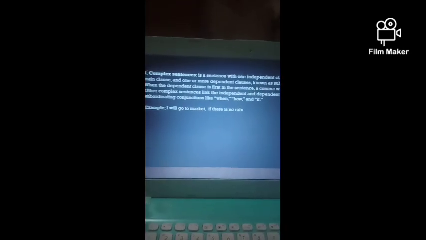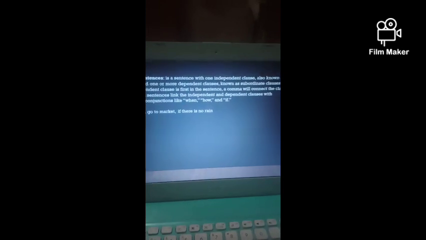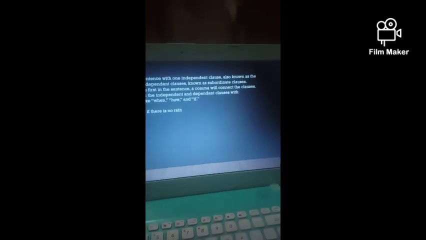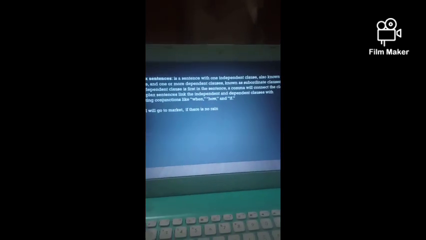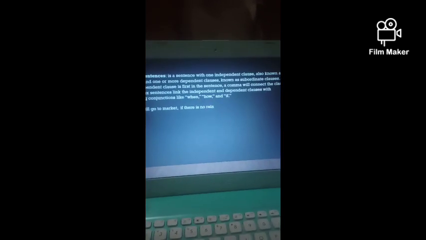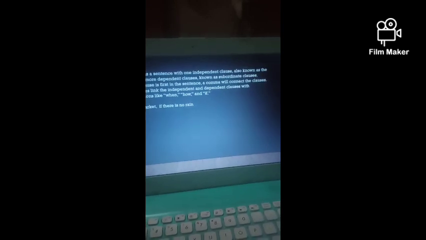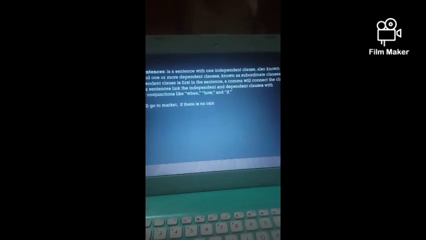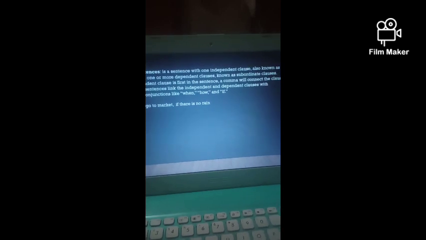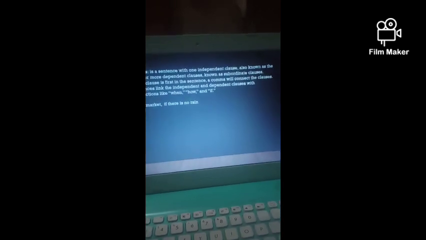Third is the complex sentence, a sentence with one independent clause, also known as the main clause, and one or more dependent clauses, known as subordinate clauses. When the dependent clause is first in the sentence, a comma will connect the clauses.